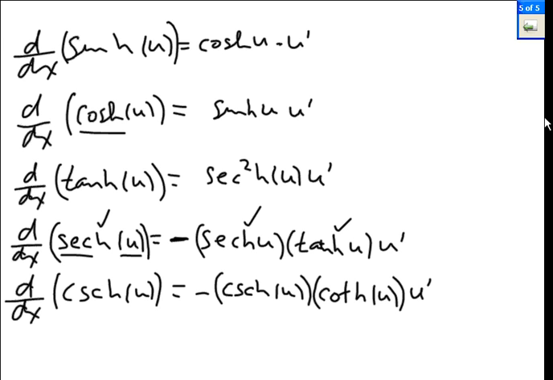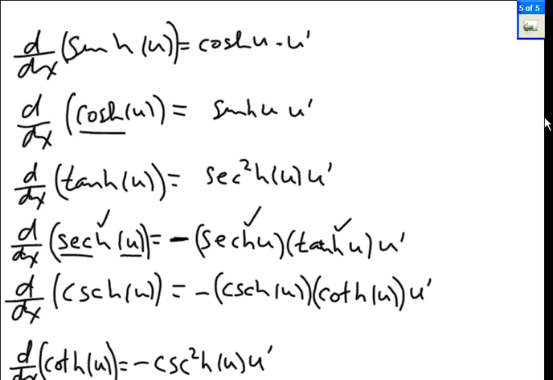And lastly, the derivative of hyperbolic cotangent of u will be negative hyperbolic cosecant squared of u times u prime.